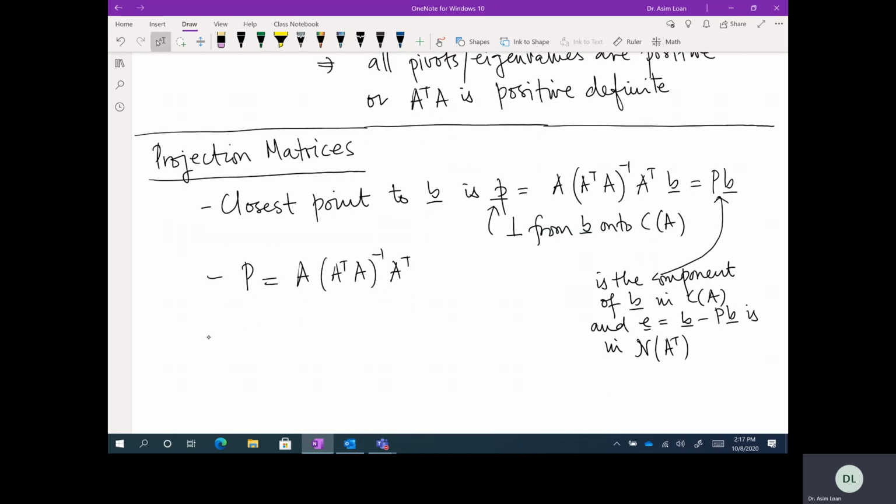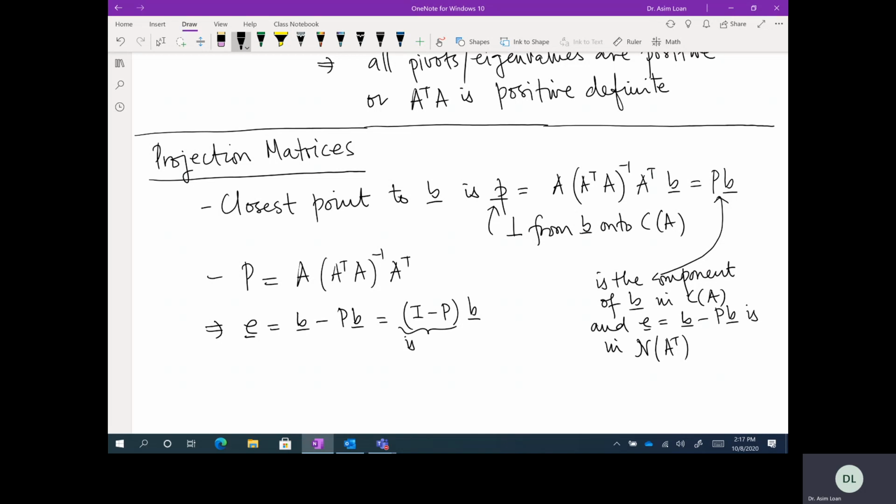So let's look at e now. e is equal to b minus Pb, which is I minus P times b.